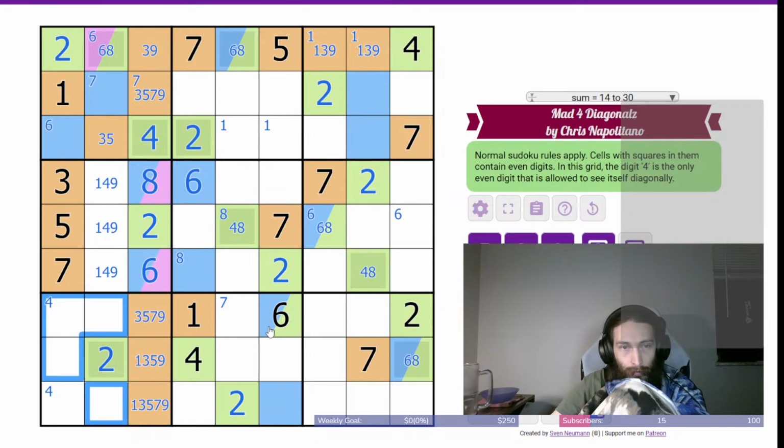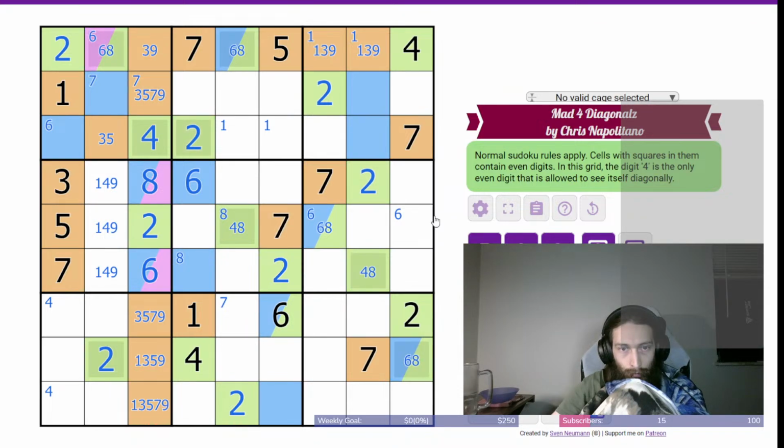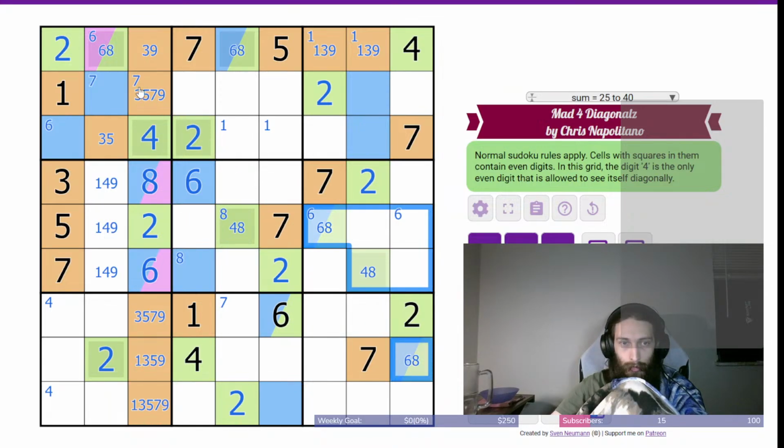It's in lots of places. On the top row, it can't be that one because it sees both that one and that one. But other than that, I don't think it's restricted.